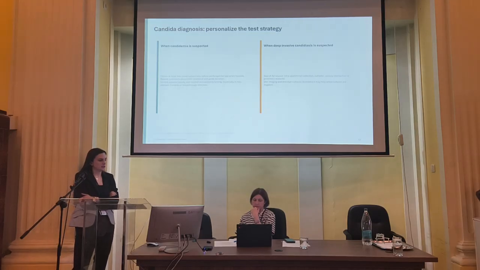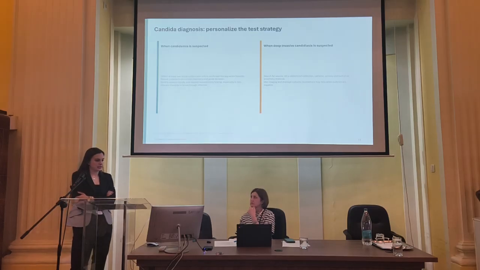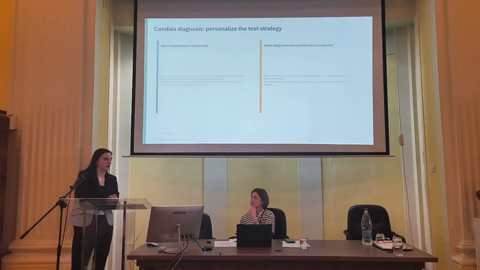If necessary, identify the species, especially if we are concerned about resistant Candida species. When we suspect deep invasive candidiasis, we need to look for the source. It's mostly an intra-abdominal collection, some kind of catheter, urinary obstruction, or prosthetic material.